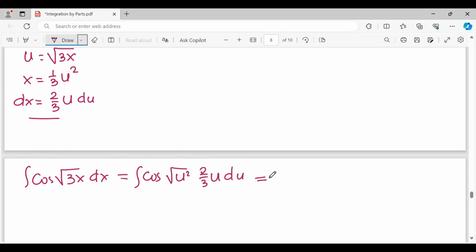So it is 2/3 times the integral of u cosine u du, because square root of u squared is u.